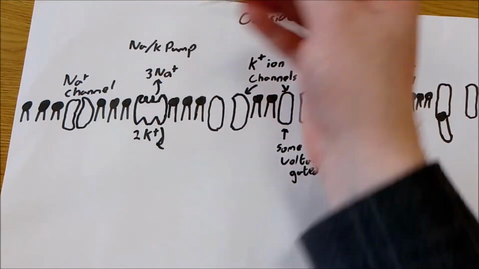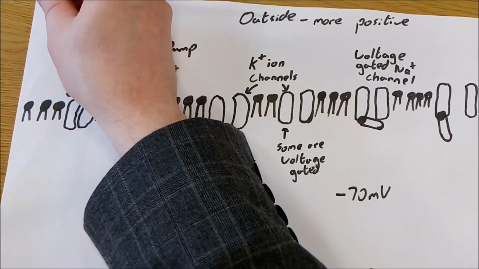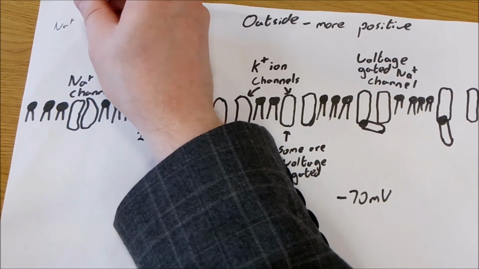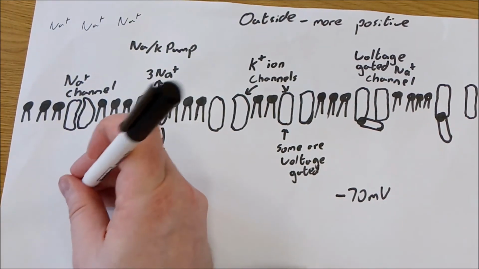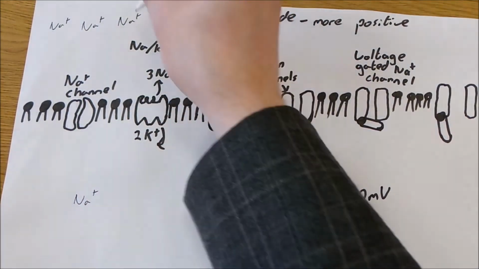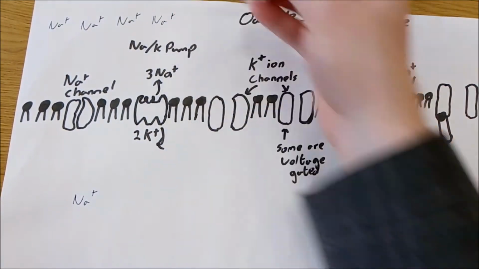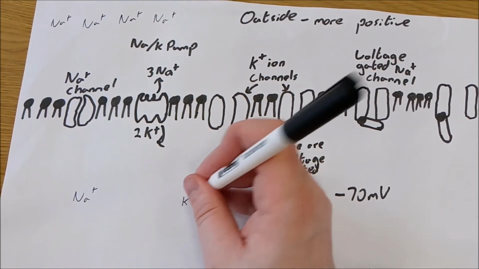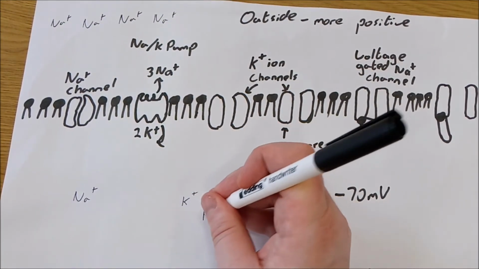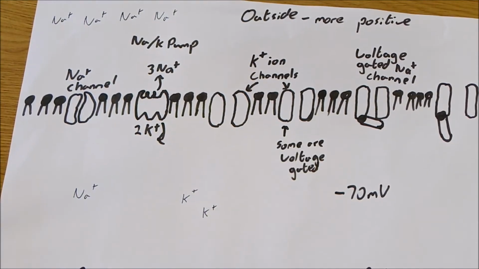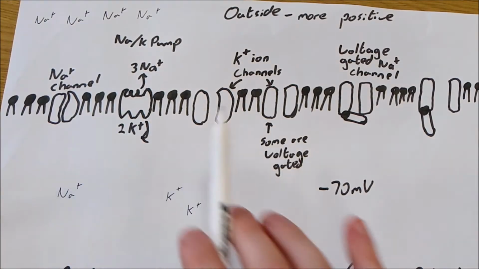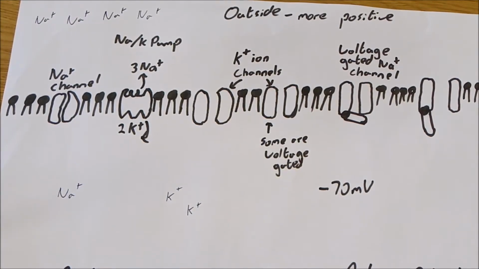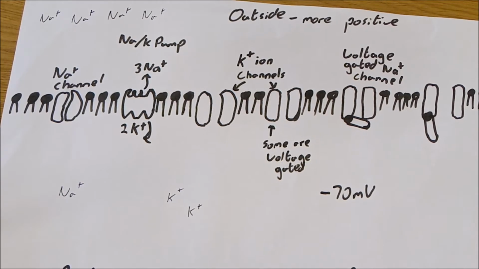So outside at rest, you have more sodium ions than on the inside. And at rest, you have more potassium ions on the inside than the outside. To get us back to this resting potential, there are 3 different proteins or 3 different channels that we need to be aware of.